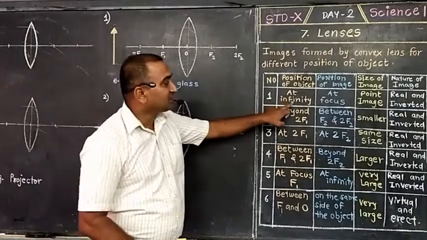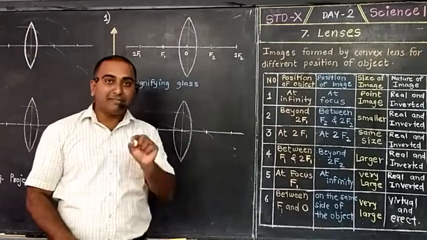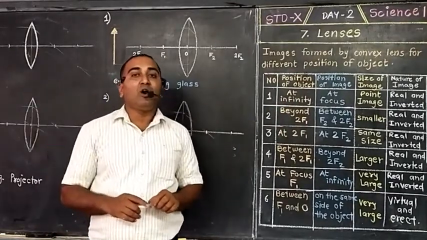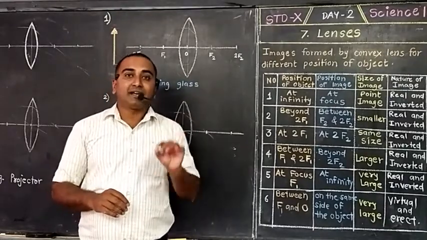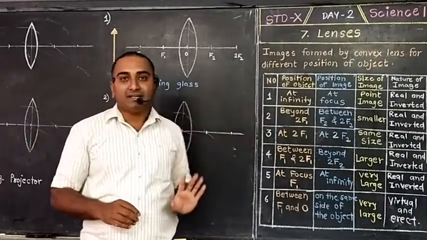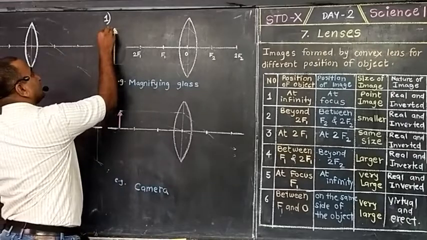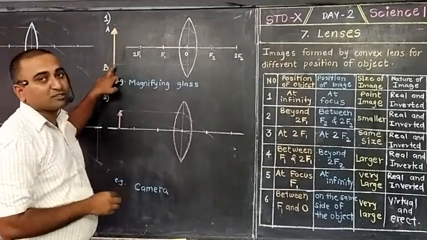Now we are discussing the first part, the object which is at infinity. Keep it in mind: when the object is at infinity, all rays are parallel to each other. That means rays come parallel from the object which is at infinity. So the object is AB, where A is the head and B is the foot of that object.